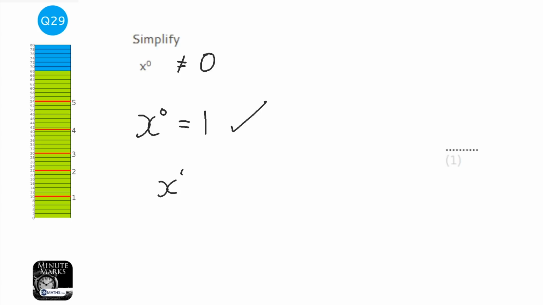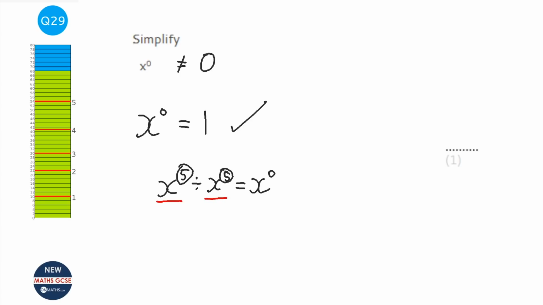If you do x to the power of 5 divided by x to the power of 5, then the rule is that you take away the indices when you divide them, so it's x to the power of 0, and we know that any number divided by itself is always equal to 1. So the answer to this question is always going to be 1. Just try and remember that. Anything to the power of 0 is 1.